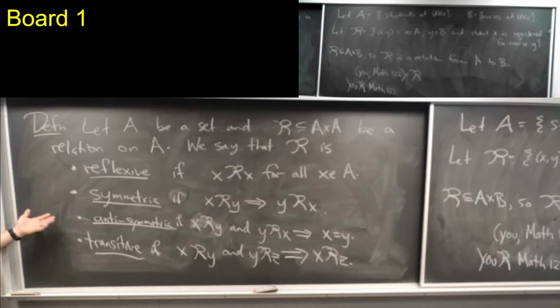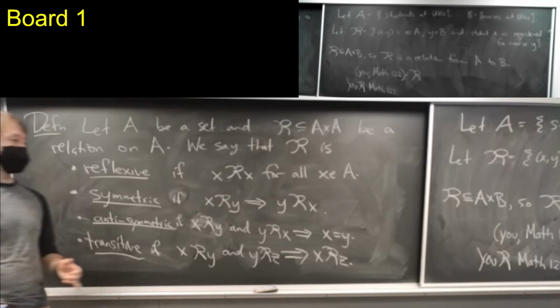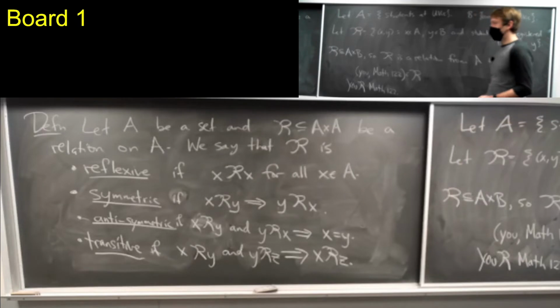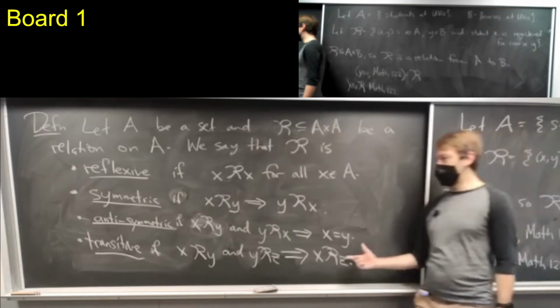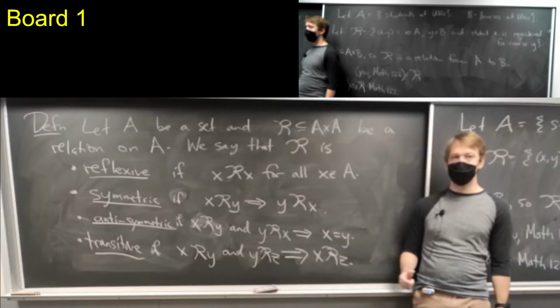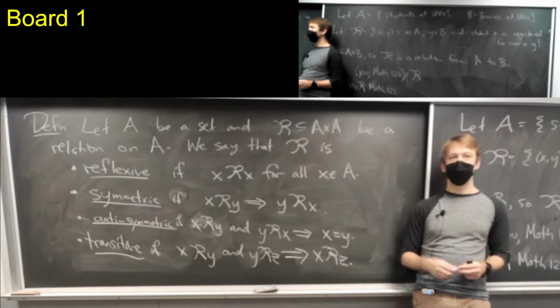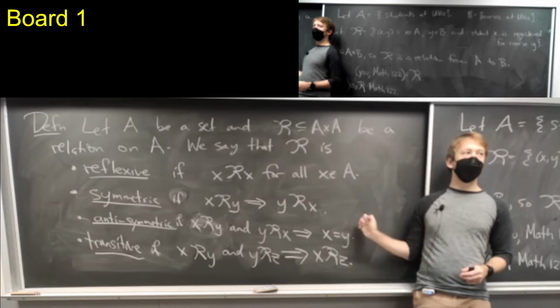It's kind of hard to motivate why this is interesting and important. But for now, the point is to just understand the definitions, and then we'll see why they're useful later. Are there any questions about what these things mean?